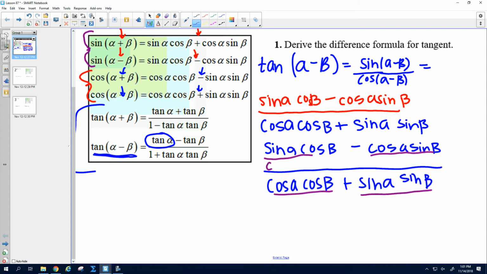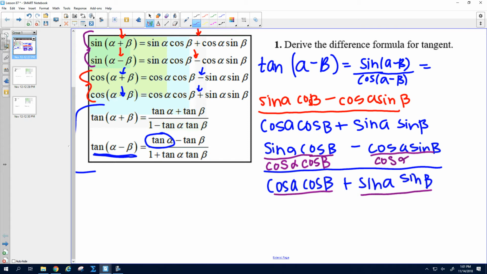So I want to get a tangent alpha. That means I need to divide by a cosine alpha, and then I need this guy to just go away. So I have to divide by a cosine beta, okay? And then I do the same thing on all of these, right? I can only do this if I multiply by the same thing or divide by the same thing.